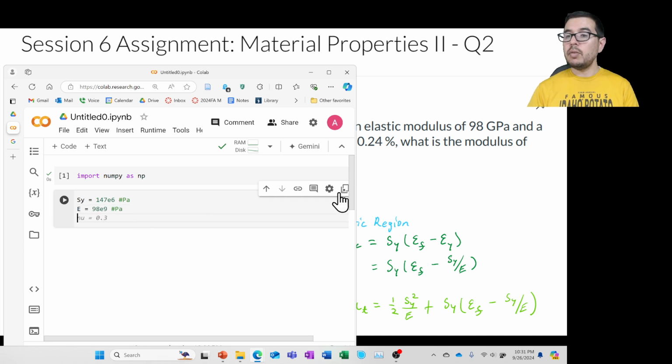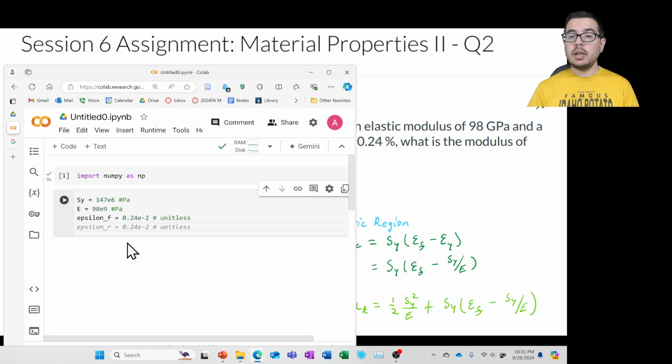And we have a fracture strain of 0.24%. So that's going to be epsilon f, and we'll say that's 0.24, e minus 2, and that's just going to be unitless.